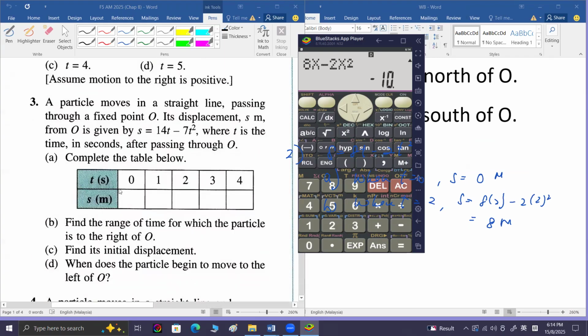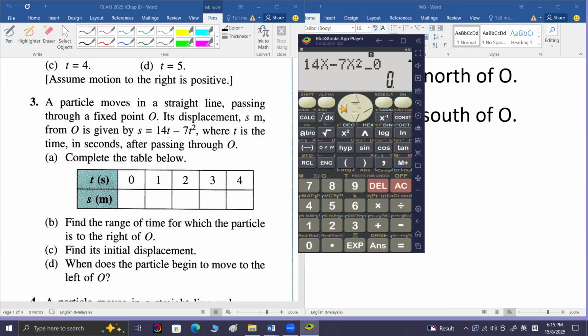Now, like what I meant, this type. Okay, you see, a particle moves in a straight line, passing through the fixed point O with the displacement. And you're asked to complete, right? So you do like just now, okay? 14t, you want to do manually up to you, x. I put all the x here, 7 unknown with the x square. Okay, so you go direct. Calculation, 0 equal.